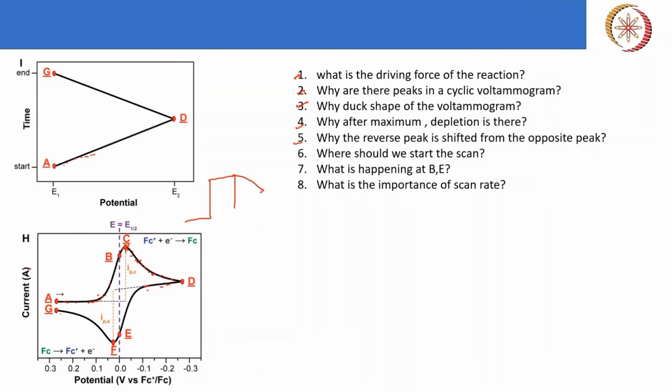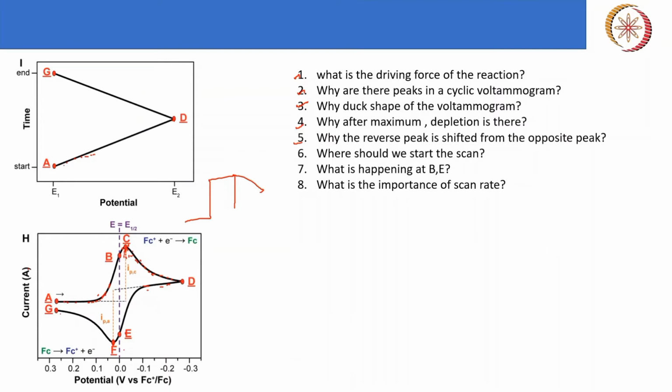Another question is the reverse process. Suppose this is the redox process of something, this is the reduction, and this is the oxidation. Why is there some shift, that is, whatever redox peak comes, in the reverse process the peak position does not come at the same potential as the C?